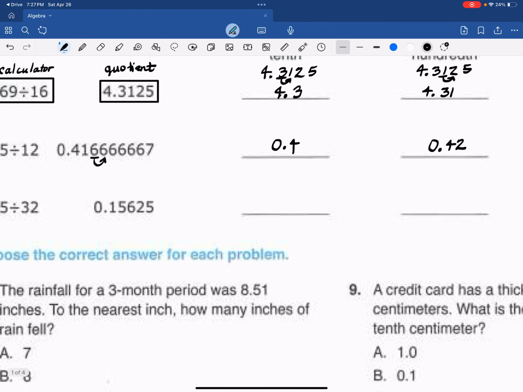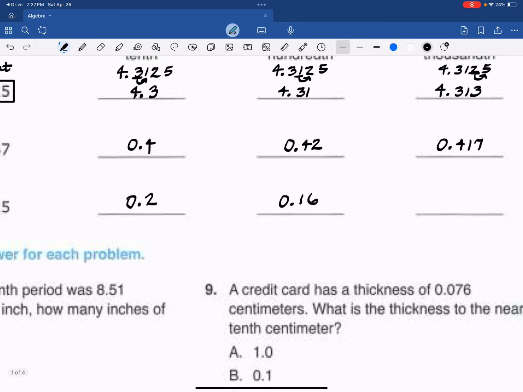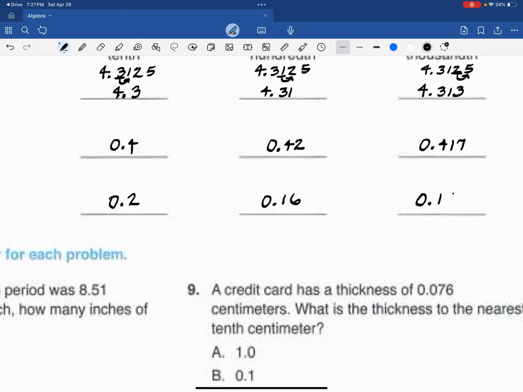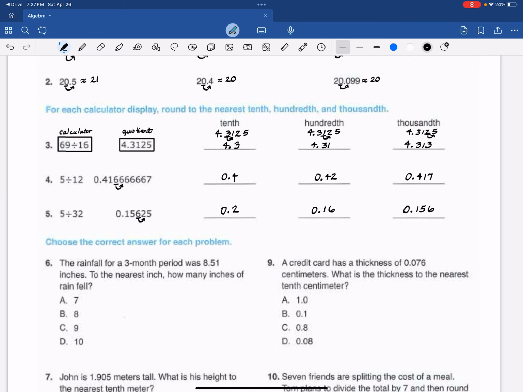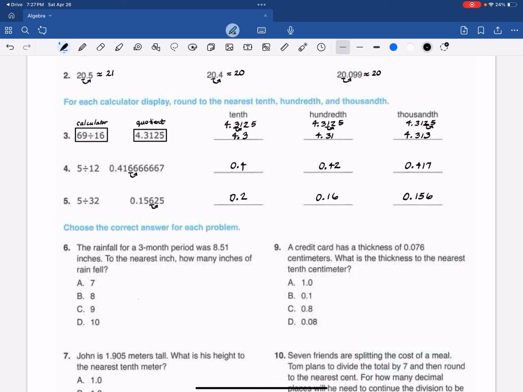And then this number to the nearest tenth is 0.2. To the nearest hundredth is 0.16. And to the nearest thousandth is 0.156. And you have to really read instructions to know which place they want you to round.